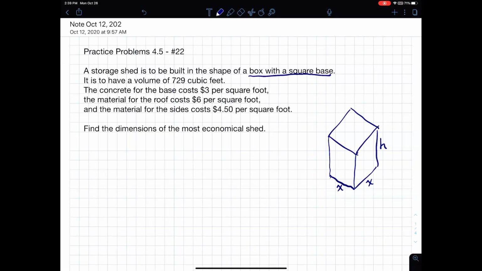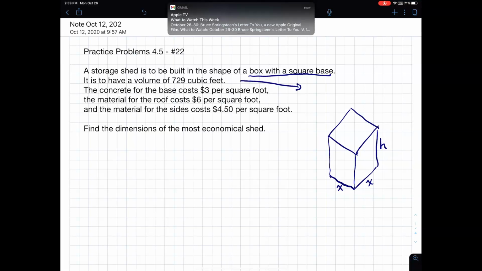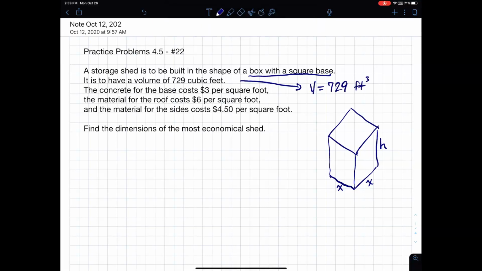So the top is an X by X square, the bottom is an X by X square, and the sides are possibly taller. All right, so it says it is to have a volume of 729 cubic feet. So translating that means that volume is 729 cubic feet. Then it talks about the concrete for the base costs $3 per square foot.